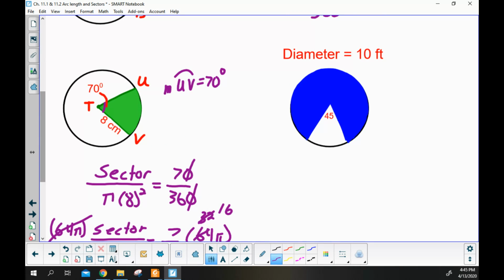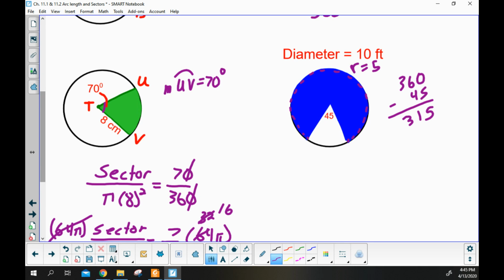All right, the next one here is I give you the diameter is 10, and I'm asking for the area of the sector. So we need to know what's my arc measurement of that sector. Well, the measure of that arc has to be 360 minus 45, which is 315. And then my radius here has to be half of the diameter, so I know my R is 5.